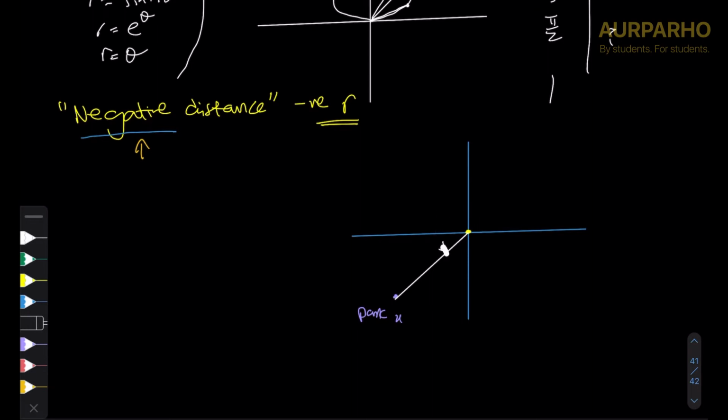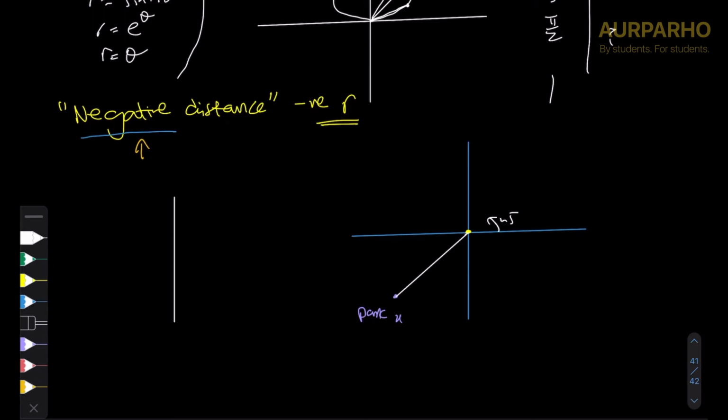Let's say I don't want to say that for some reason. What I could also say is, face 45 degrees. Just face 45 degrees, so you're actually facing this way, and then walk 3 steps backwards instead, and you would reach the same point.